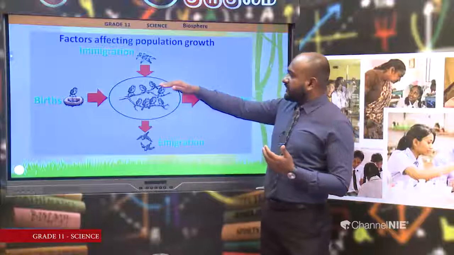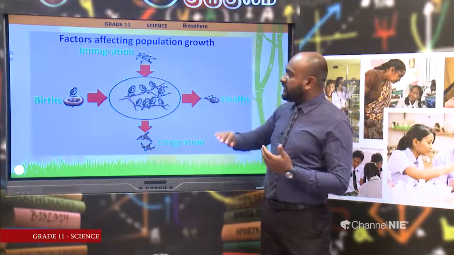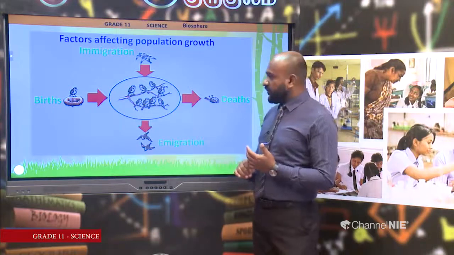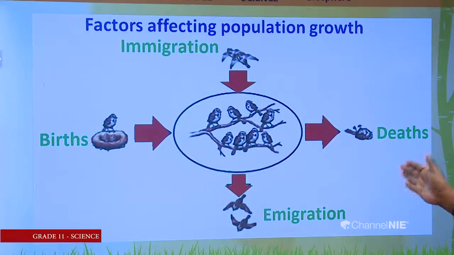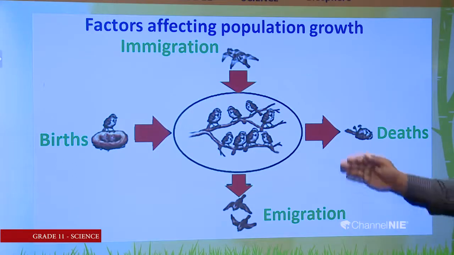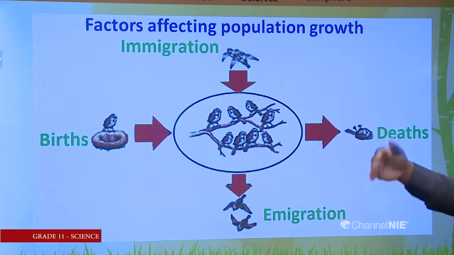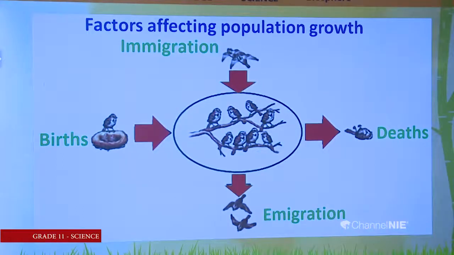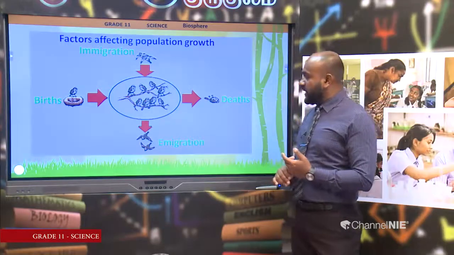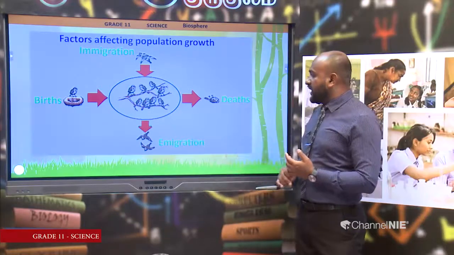Because of this type of thing, sometimes organisms can come to a population from another population, that is immigration, and organisms die. That removes individuals from a population, and when organisms leave a particular population, we call it emigration. As I told you, due to various factors, organisms can leave a population. That is what we call emigration.